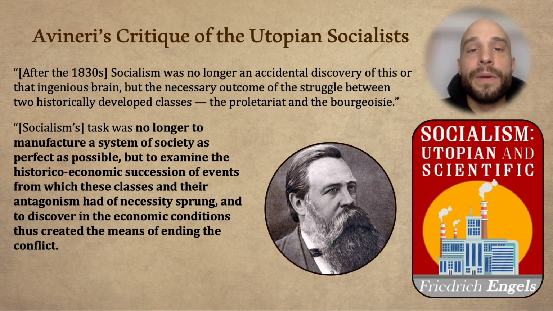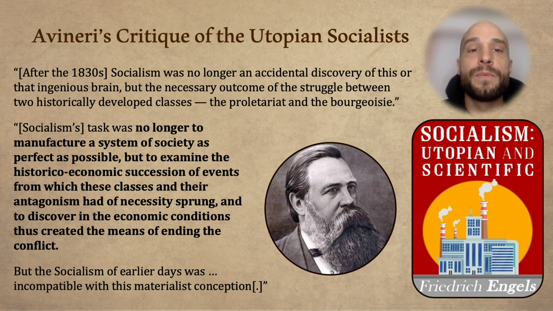This is the materialist turn. Socialism is grounded in analysis, not imagination. It grows out of capitalism's own contradictions, not from moral blueprints imposed from the outside. And that is why earlier socialism, as Engels says, was incompatible with this materialist conception.